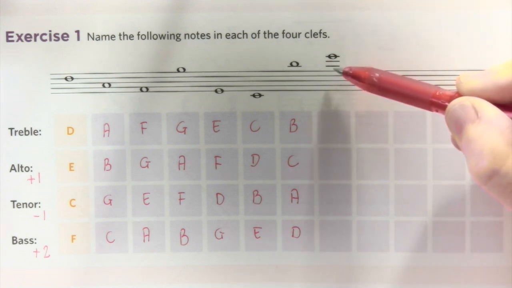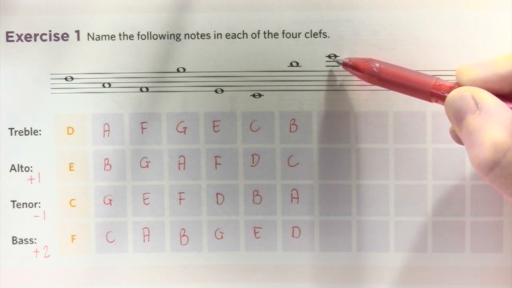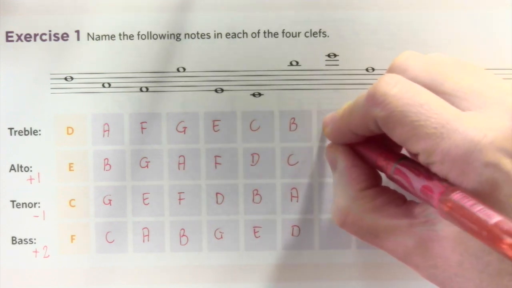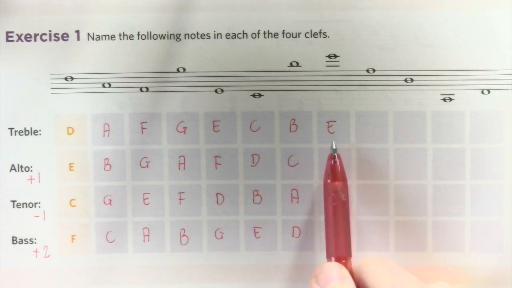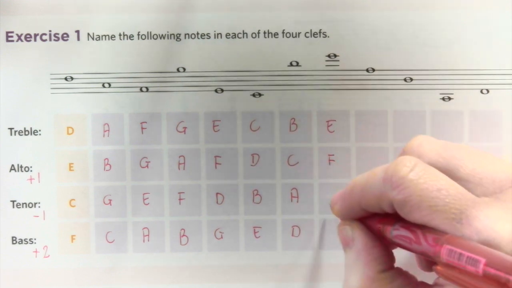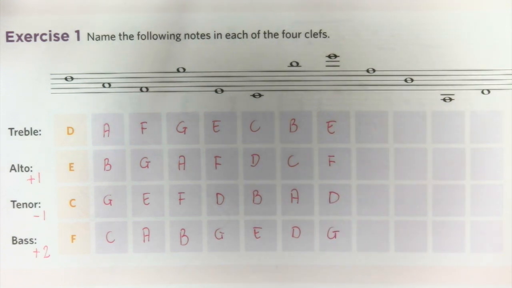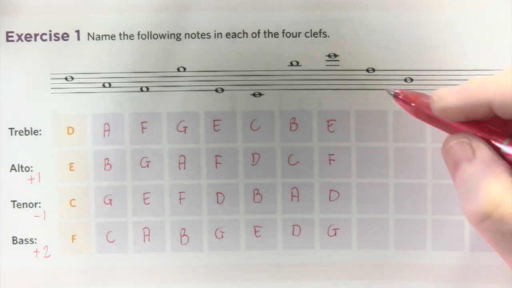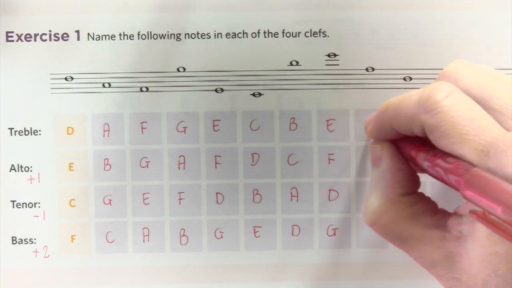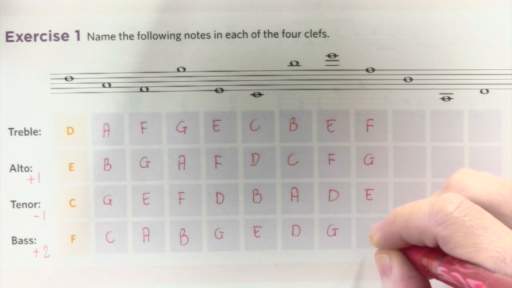To count this with the ledger lines, if you want to be absolutely sure, you can just count La, Si, Do, Re, Mi. Once you find the note name in the treble clef, that's easy. Plus 1 equals Fa, minus 1 is Re, plus 2 is Sol. Fa becomes Sol, then Mi, and then La.